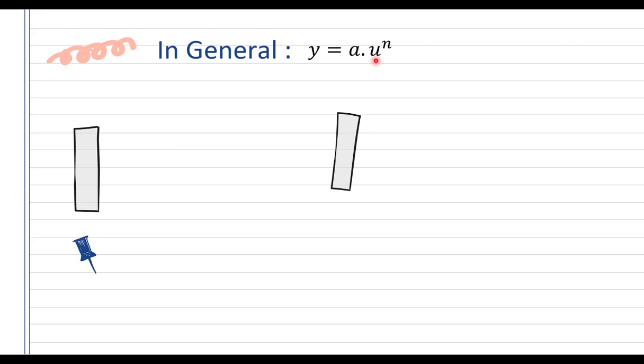Since x is changed to become u, which is a function of x, you put the n down, multiply with a, times n times u to the power of n minus 1. So far it is exactly the same as the first formula.